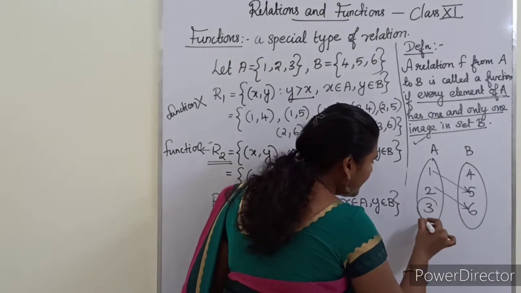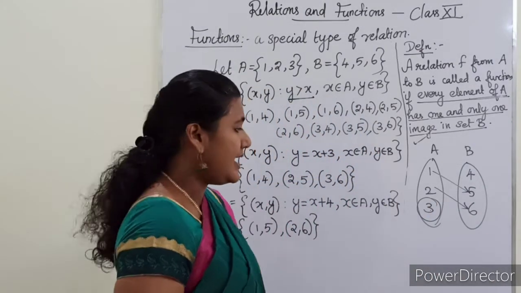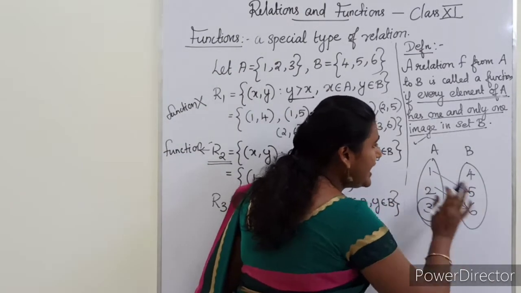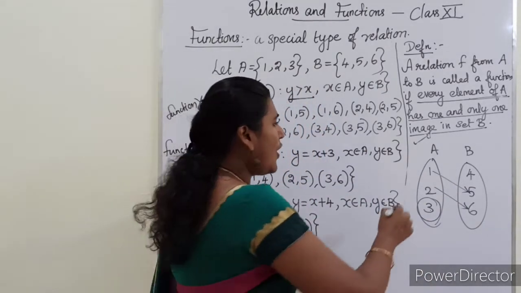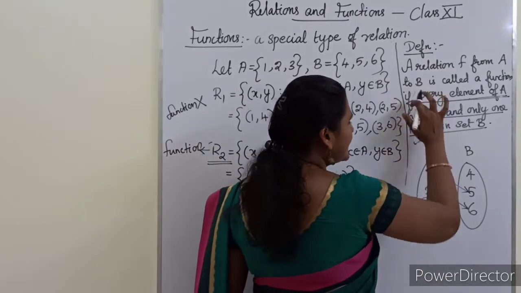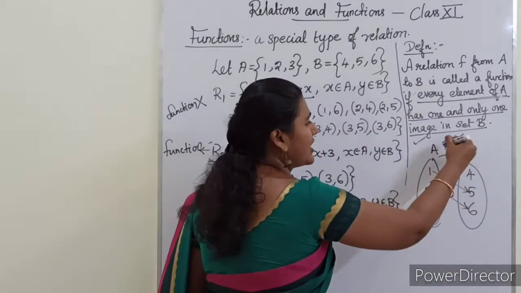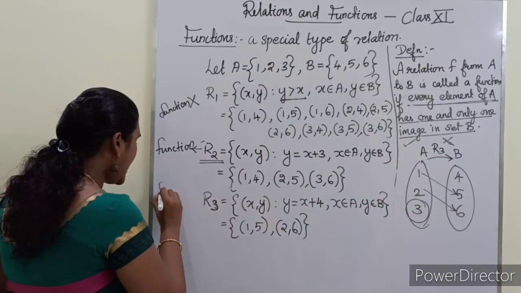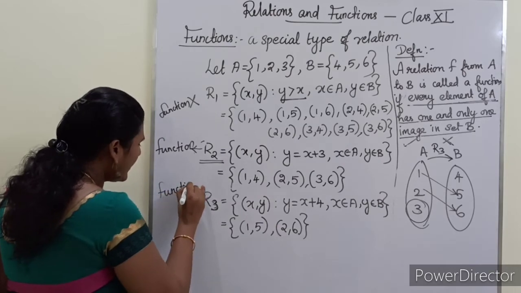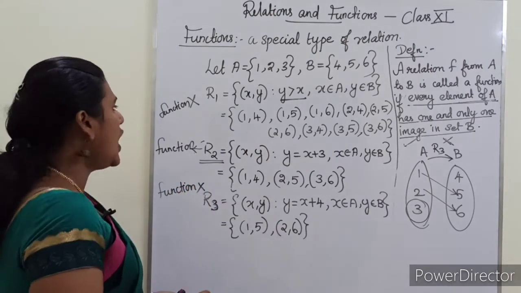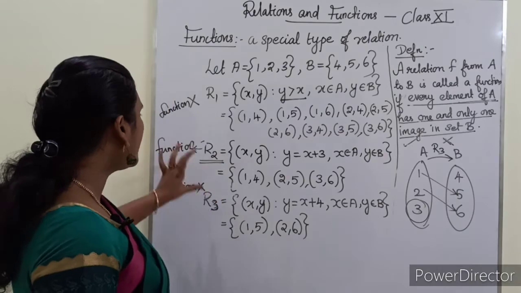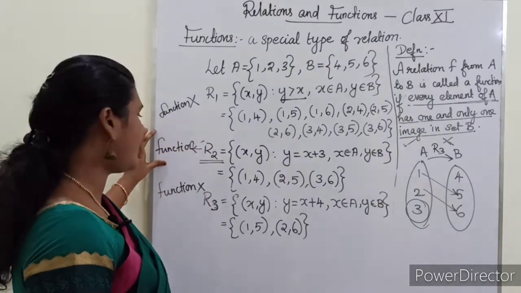No, because the element 3 does not have any image in set B. So this first condition itself is not satisfied. So we can say R3 is not a function. Out of these three relations, we got only R2 is a function.